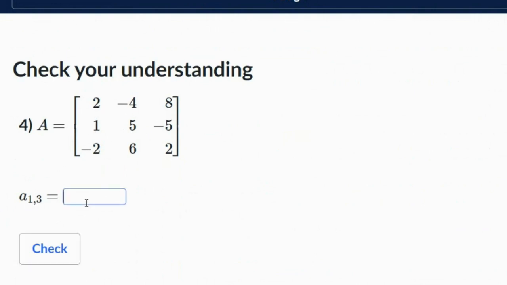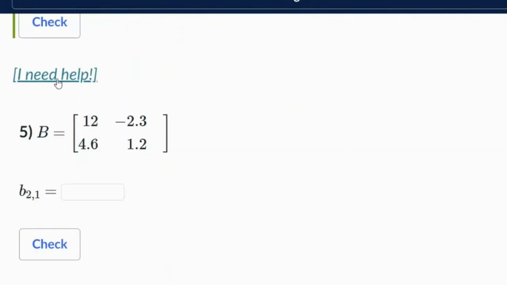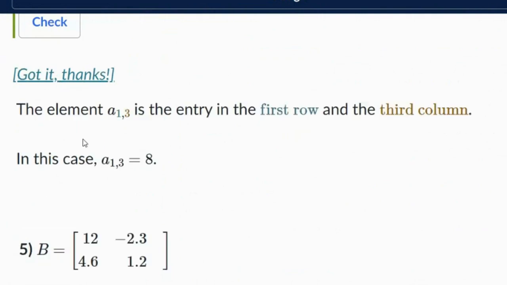Yes, 8 should be right. It gave us a little check mark, though it's hard to see since I've blown it up so big. If you need help, you can click that and it'll pop up and tell you how to do that. A13 is the first row in the third column. So you've got little helpers there.